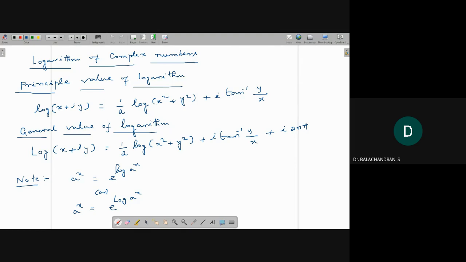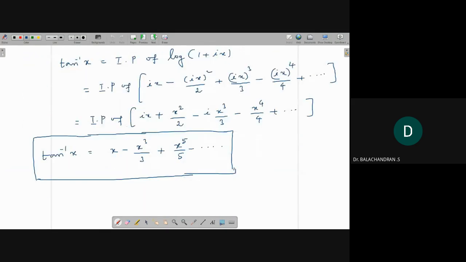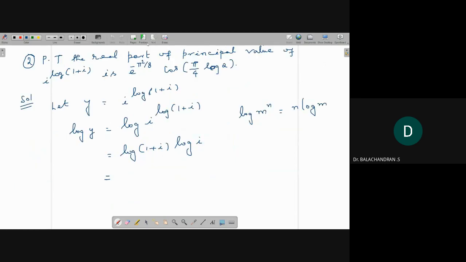So half log of, what is a? a is 1. b is also 1, not i.